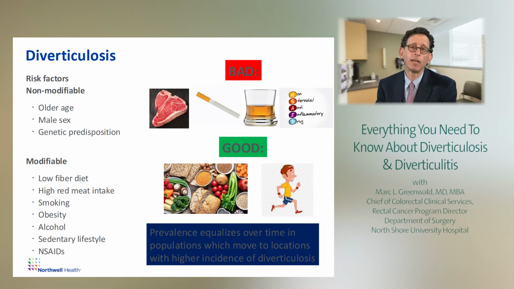But as they assimilate into the new country, over the years, and you follow these generation to generation, you will find that after several generations, their risk of diverticulosis and diverticulitis is the same as the rest of the population. Because as they develop the habits of that new population, then they also develop the problems that are associated with that. And by the way, this is also true for colon cancer. The same things that affect the development of diverticulosis and diverticulitis also affect the development of colon cancer.